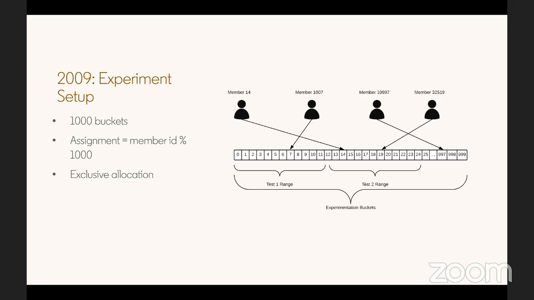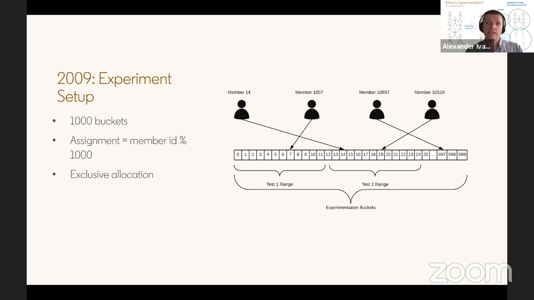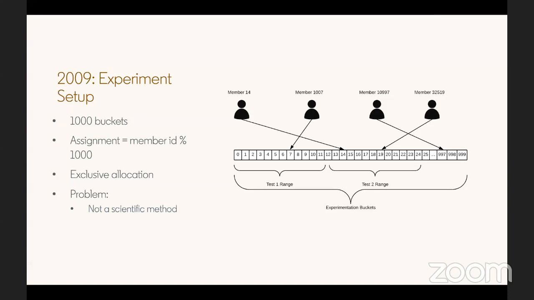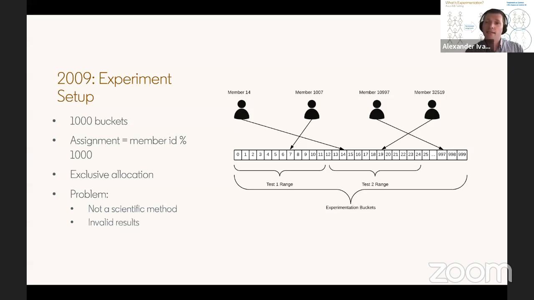And then inside the A/B test, the buckets were subsplit into control and treatment group. But the problem with that was that it's not a scientific method at all, because the assignment is not randomized, and previous tests could impact the results of the new tests. And that actually resulted in invalid results.